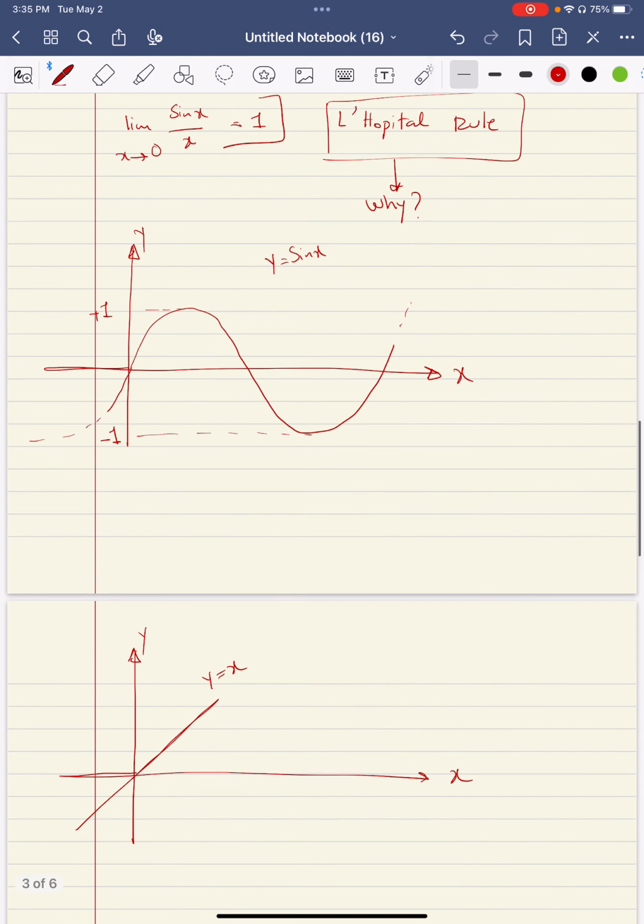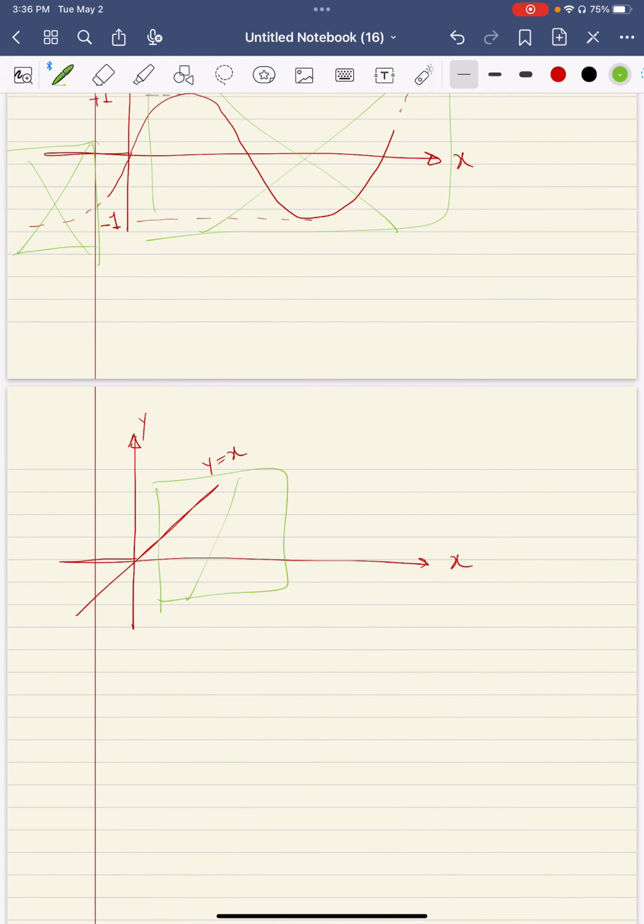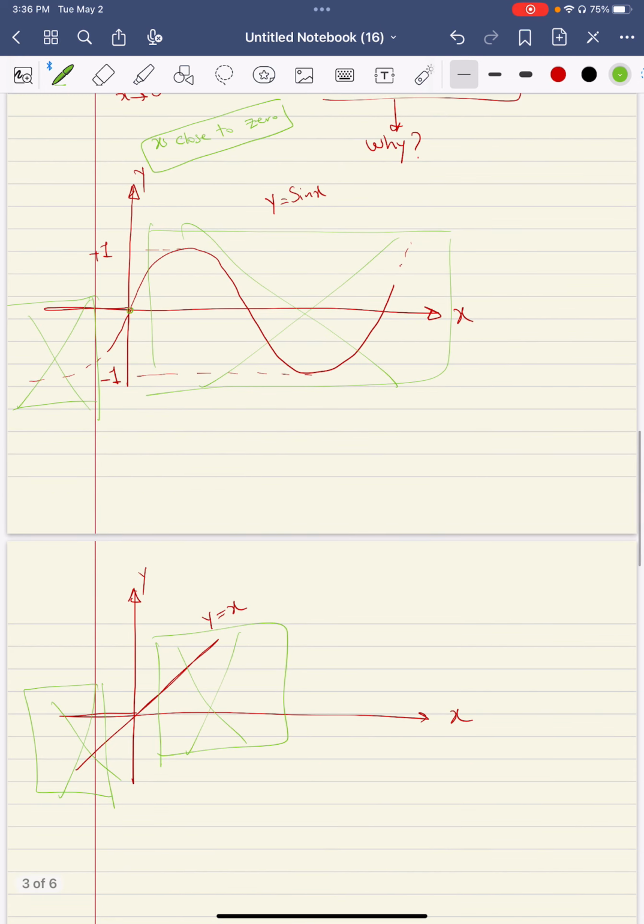So we are talking about x's adjacent or close to 0, right? So the rest of the graph is not helpful for me, right? Like these parts are not helpful at all because we are talking about x's very close to 0, like here and here.